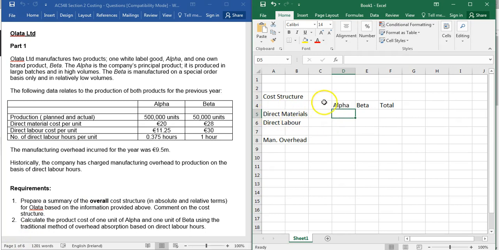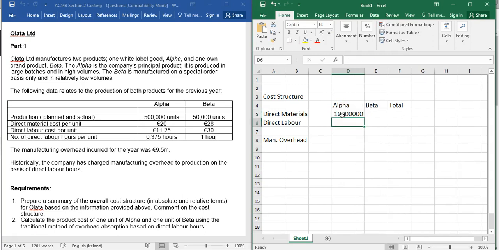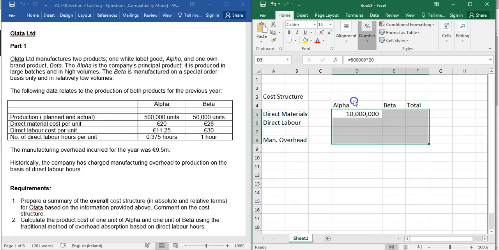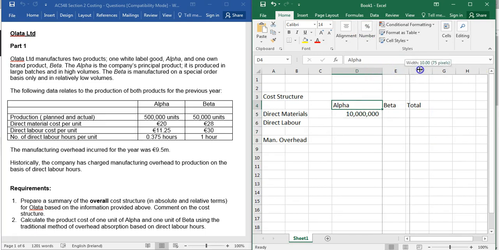So the total direct materials for alpha would be 500,000 units at €20 per unit. So remember, if we can trace it to each unit, then it's a direct cost. So in this case, we can trace it. We know it's €20 per unit. So based on whatever analysis has been done by the company, we just multiply by the number of units.